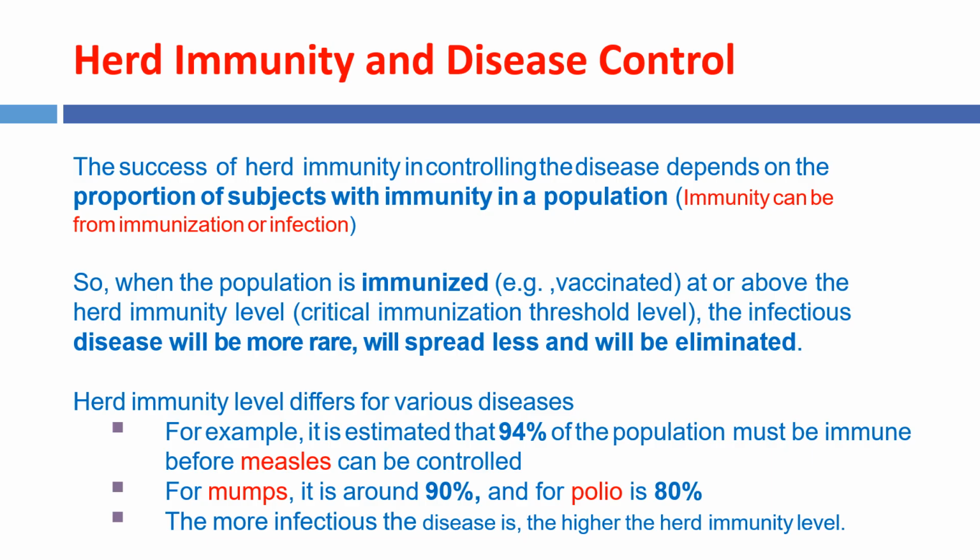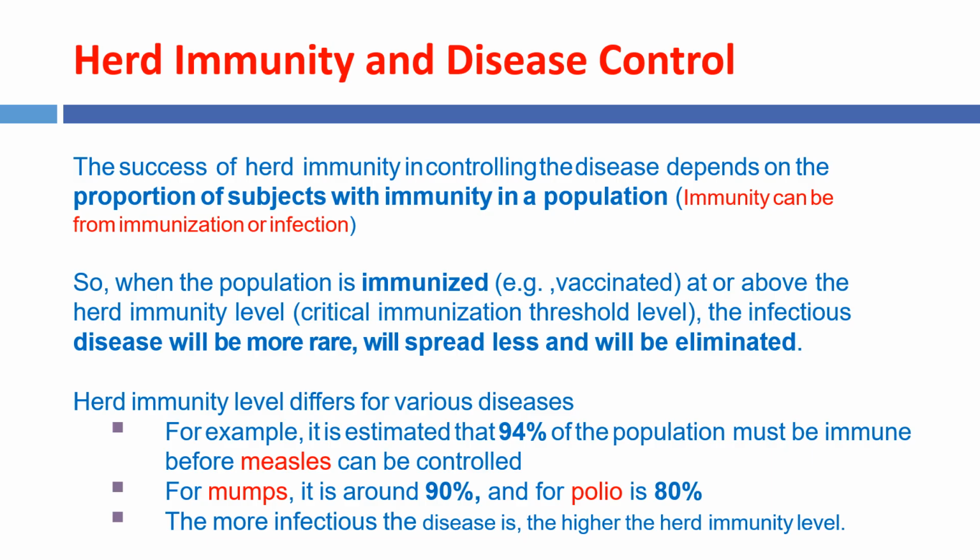So, when the population is immunized or vaccinated at or above the herd immunity level, there is a level for the proportion of the population that should be immunized or have got the infection for herd immunity to start working. This is a critical immunization threshold level.